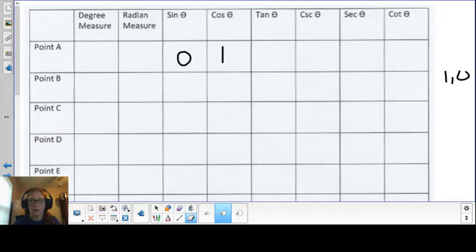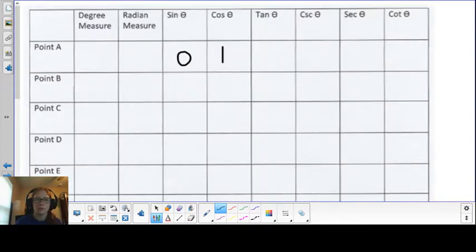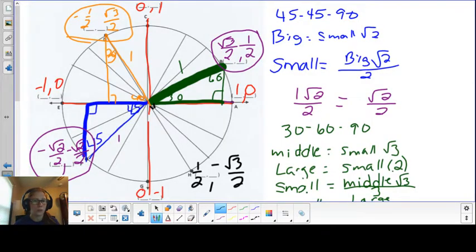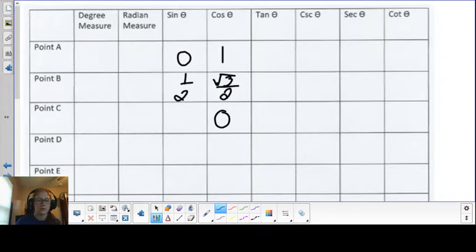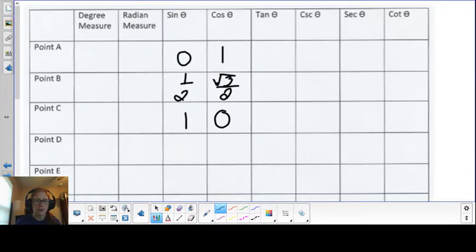So what are some of my other points that I had? Point B was √3/2. C was 0, 1. D was -1/2, √3/2.